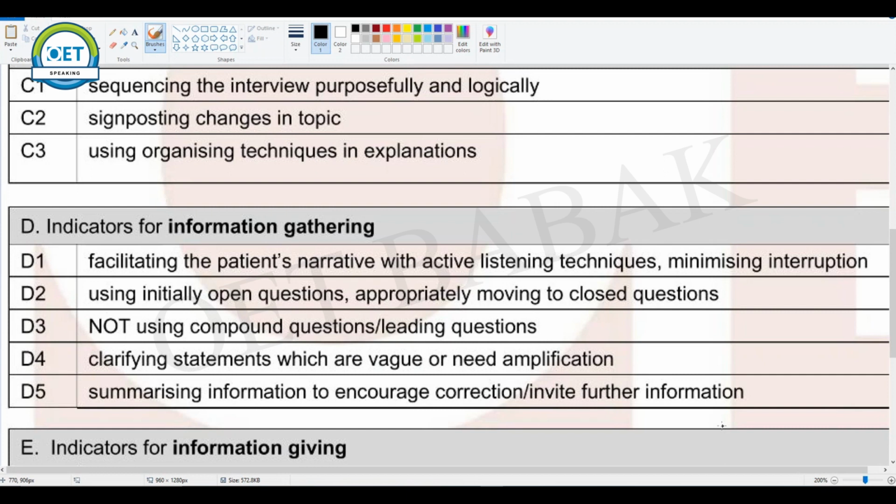A compound question is to ask two questions at a time, so the patient doesn't know which one to answer. A leading question is to say something which the patient cannot say no to. For example, you say, "Does it make sense?" And they say, "Well, of course it makes sense. I'm not stupid."